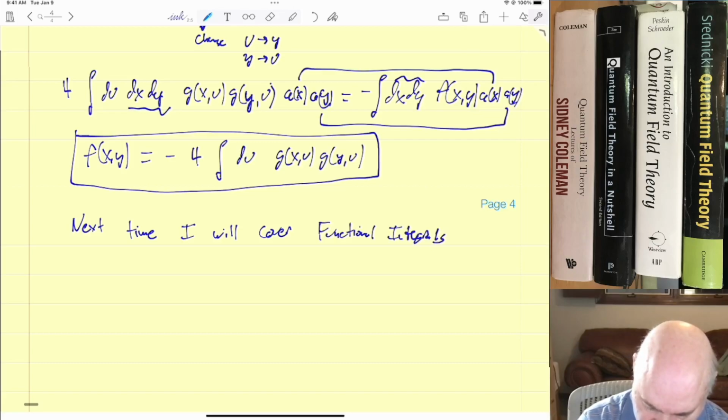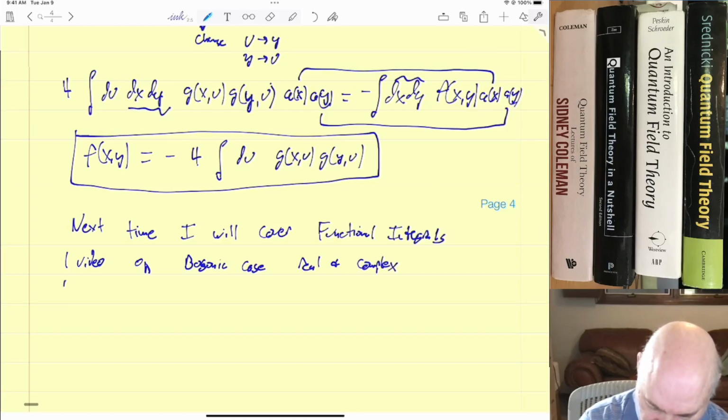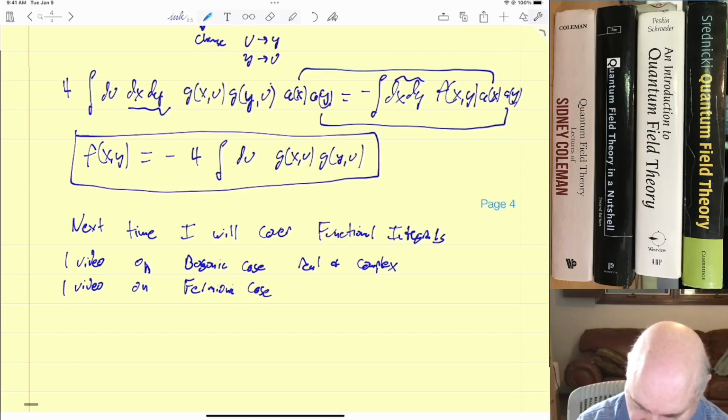We'll have one video on the bosonic case, real and complex, and one video on the fermionic case, which involves Grassmann variables.